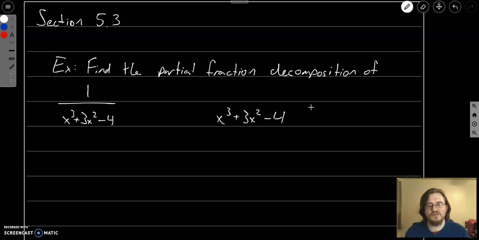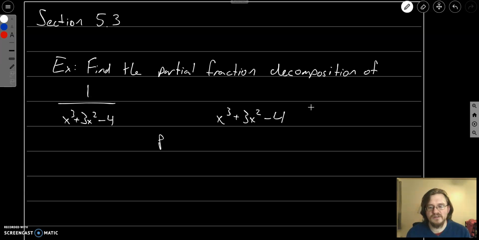When we want to factor a polynomial, just like we saw back in chapter 3, we need to find a zero of the polynomial, and then we can factor out x minus that zero.